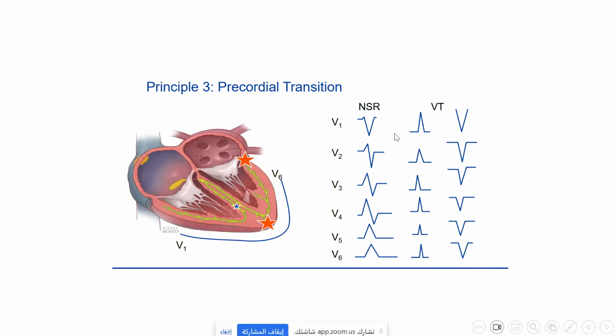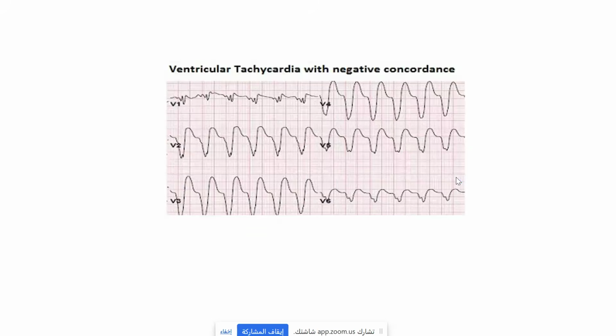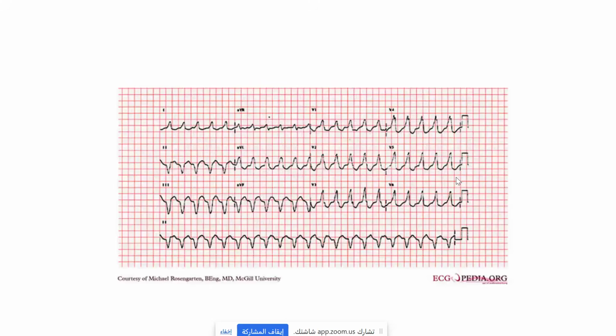But rarely, some antidromic reciprocating tachycardia can present with positive concordance, but it will not have the other features of ventricular tachycardia. Negative concordance will not happen unless it is VT. As you see here, it is negative concordance, likely ventricular tachycardia. Here it's positive concordance, likely ventricular tachycardia.